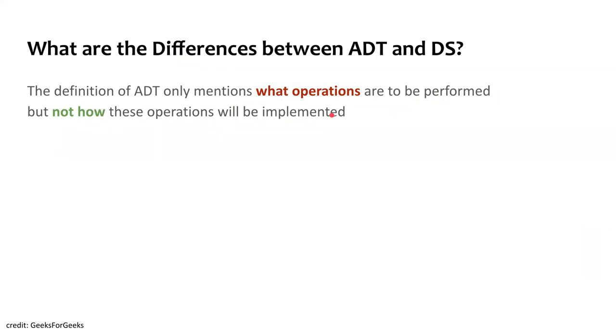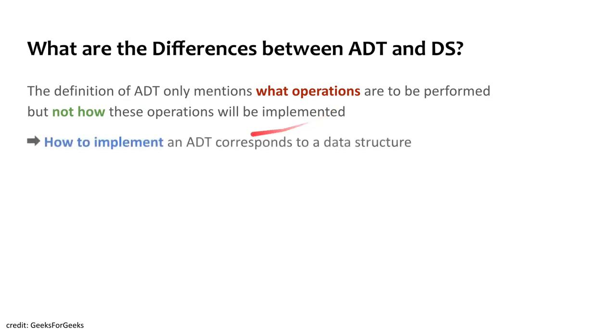So when you're defining ADTs, you just need to describe what this abstract data type needs to do. You just need to specify the operations. And how to implement a given ADT corresponds to a data structure. And in the previous slide, I told you that data structure is an implementation of ADT.